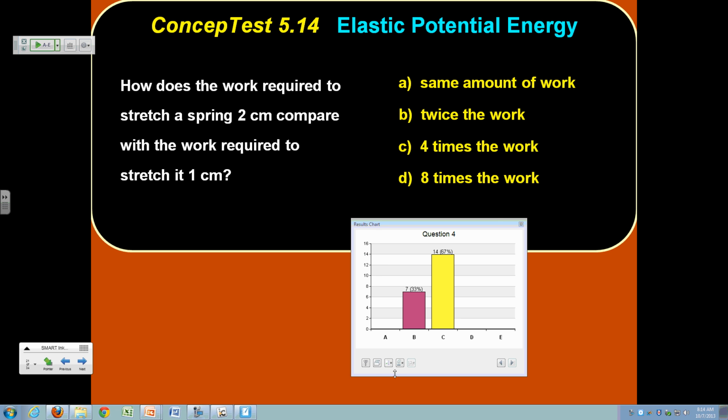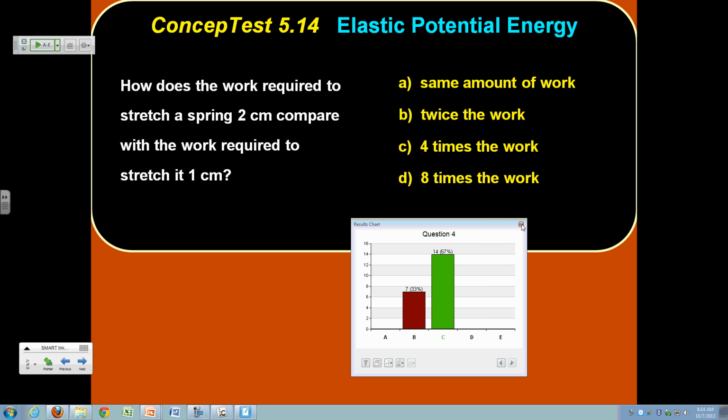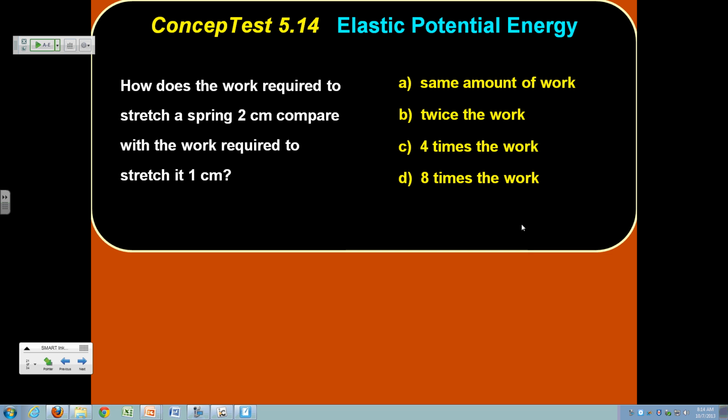All right, 4 times the work. That's right. C is the correct answer. The reason is that the elastic potential energy is 1/2 kx squared, and if I double my x, that's going to quadruple my potential energy because that x is squared. So remember that quadratic relationship.